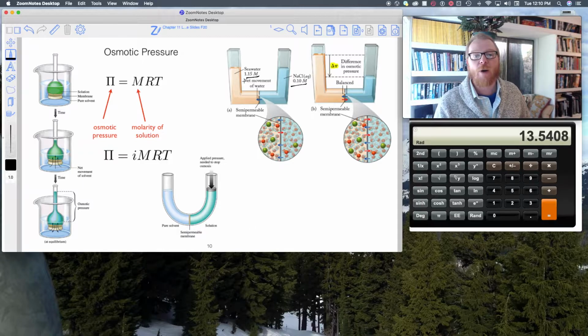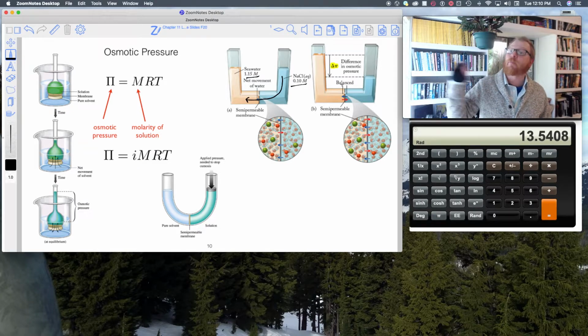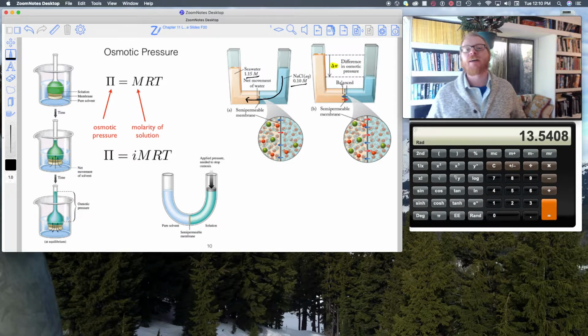As you can see, what happens here is the water, the solvent molecules, will pass through to this side in an effort to make both of those solutions the same concentration.